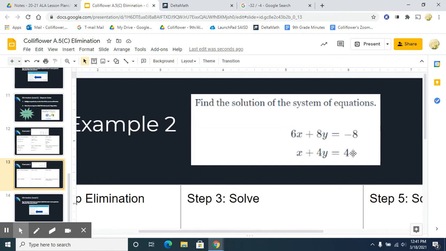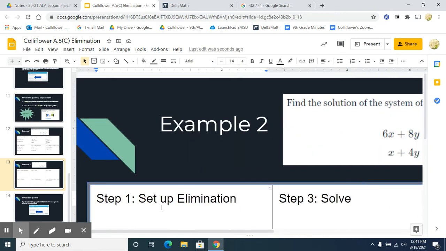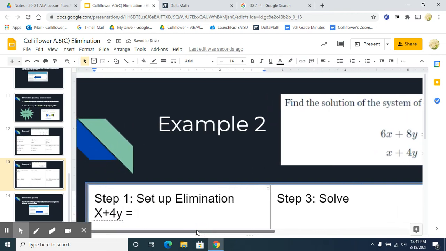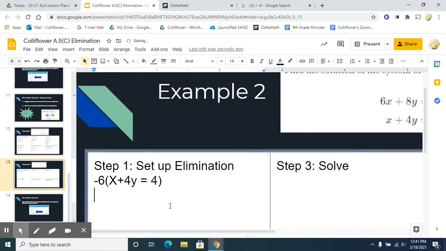So I'm going to take this second equation, x plus 4y equals negative 4, and I'm going to multiply the whole thing by negative 6, because that's going to allow me to eliminate the x variable. So now I've got a new equation that's equivalent, and it's negative 6x minus 24y equals negative 24.